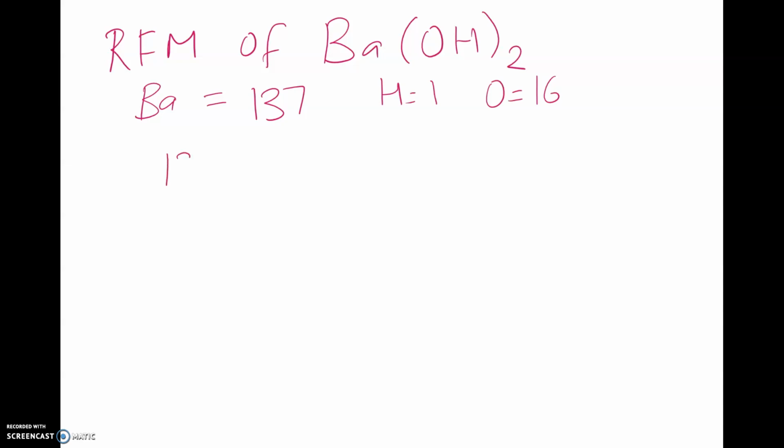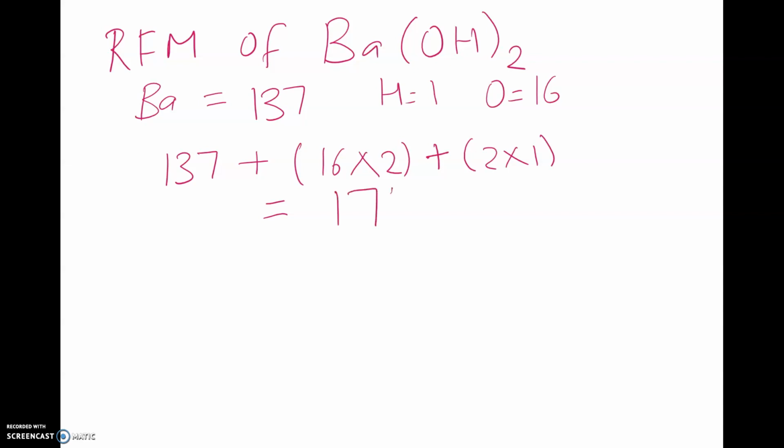So 137 plus, remember, 2 times oxygen, 16 times 2, plus 2 times 1. If you add them all up, you get 171. The rule here is, if you have something in a bracket, you need to multiply the whole bracket by the number that's outside the bracket.